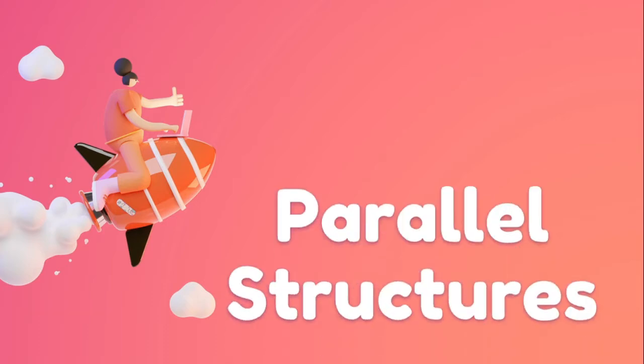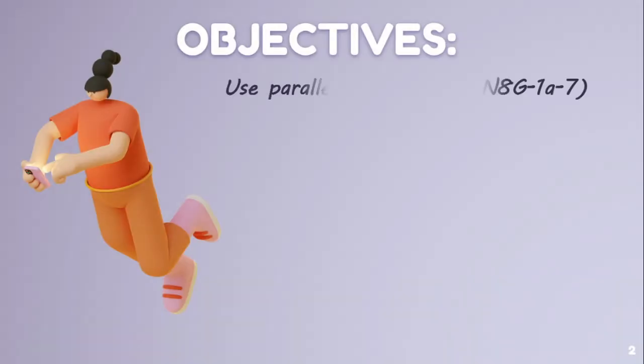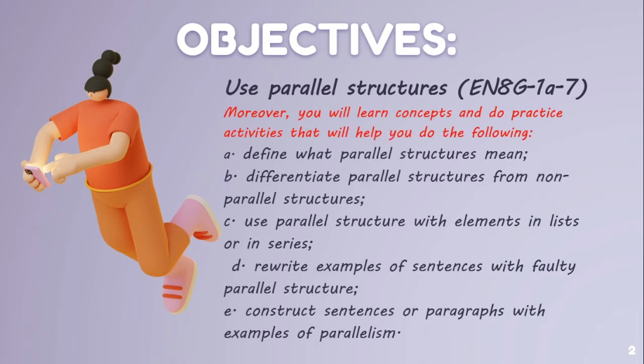Our most essential learning competency for parallel structure is to use parallel structures. Moreover, you will learn concepts and do practice activities that will help you do the following. First, define what parallel structure means.